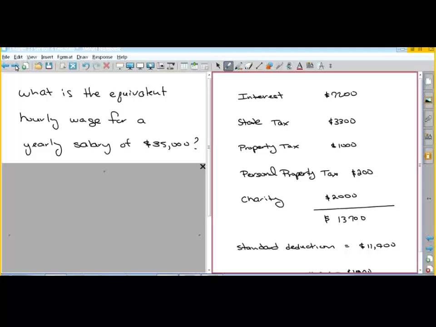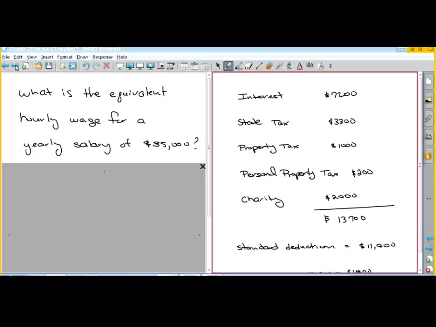The second thing is your state income tax. You can include that in your itemized deductions. Then you have property taxes, which these are my numbers for Covington. Now, if you're in northern New Jersey, I don't know whether they have state income tax, so you may pay more in property tax and less in state tax.